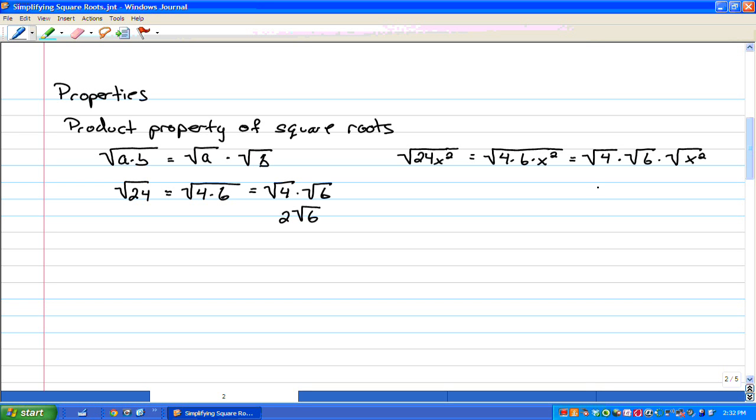We can do the square root of 4, which is 2. We can do the square root of x squared, which is x. It'll be times square root of 6. So what we did is we just broke all that up, and then we separated it into separate radicals. We took the square roots of the ones that we could. The next one then is the quotient property.